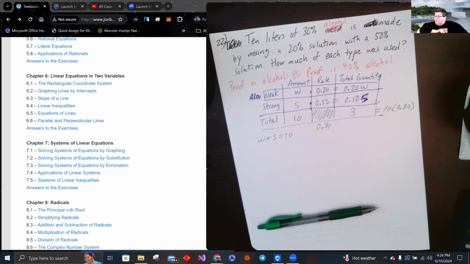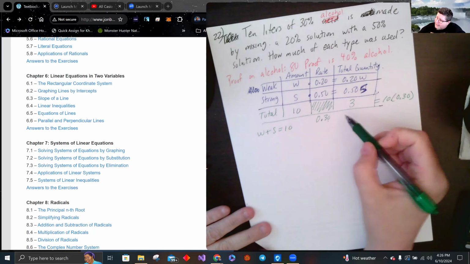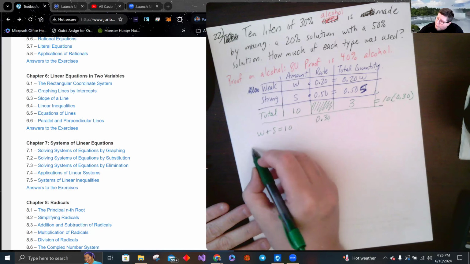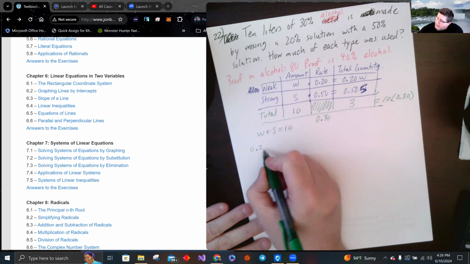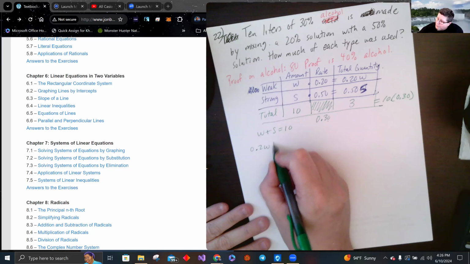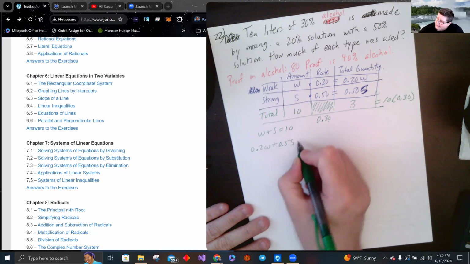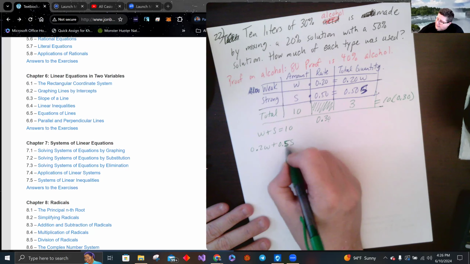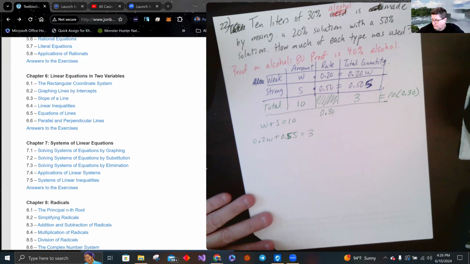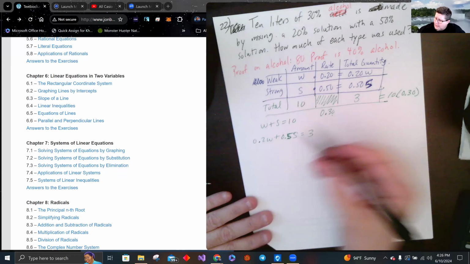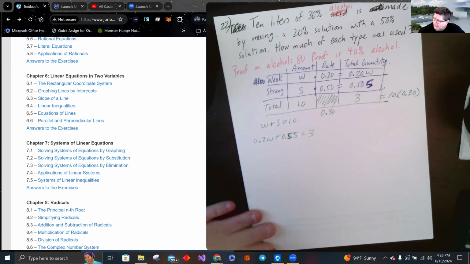All right. I add those together and I get 0.2W plus 0.5S equals 3. What I'm going to do right away is multiply.